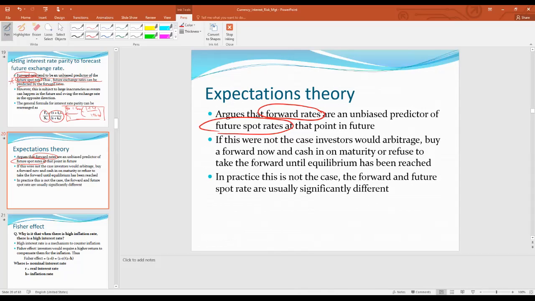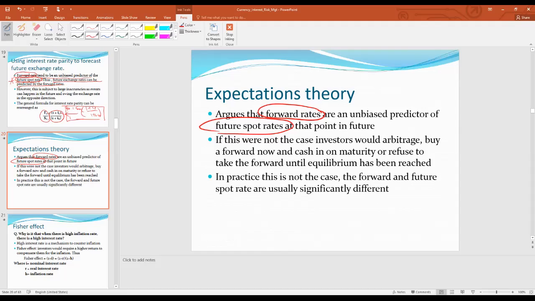Which implies you can use the interest rate differential between the two countries to explain the future spot rate. In short, you're trying to equate the purchasing power parity theory to the interest rate parity theory. That's what we are trying to attempt in this theory.